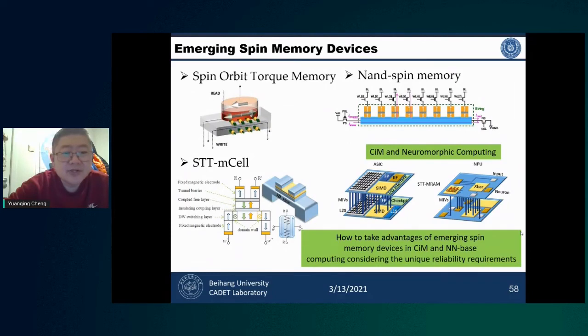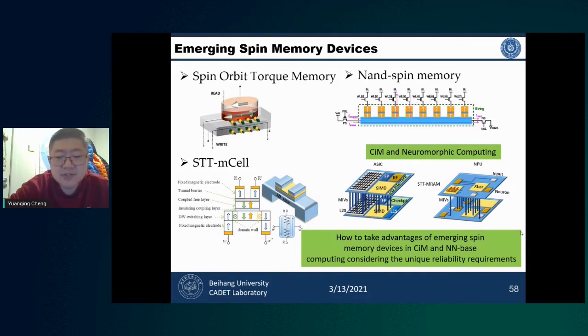And for the emerging spin memory devices, such as the spin orbit torque memory and STT-MRAM, even for the non-spin memory, these emerging spintronic memory devices have superior benefits compared to STT-MRAM. They can be used in computing in memory architecture and neuromorphic computing architecture.